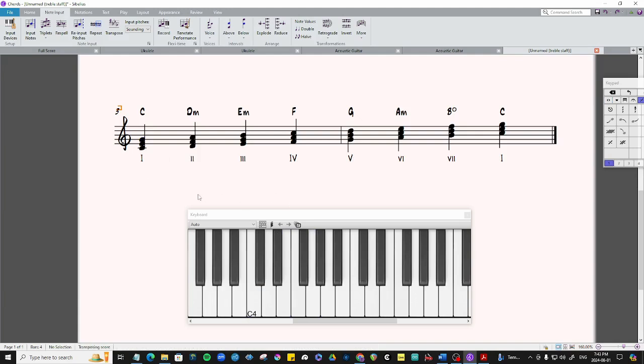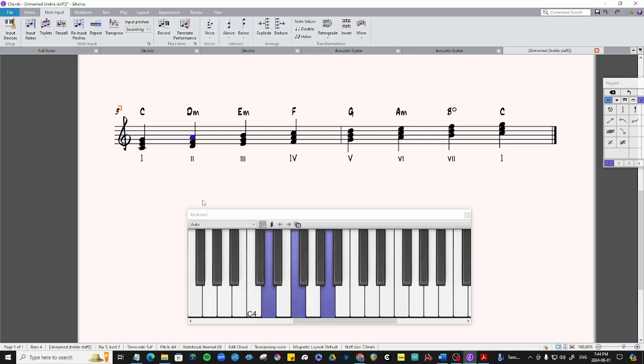So this is how the basic harmonized scale works. It's just a chord built on each scale tone. On the first position of the scale, the 1 chord is always a major, C major. It doesn't matter what key you're in, but we can talk about that later.